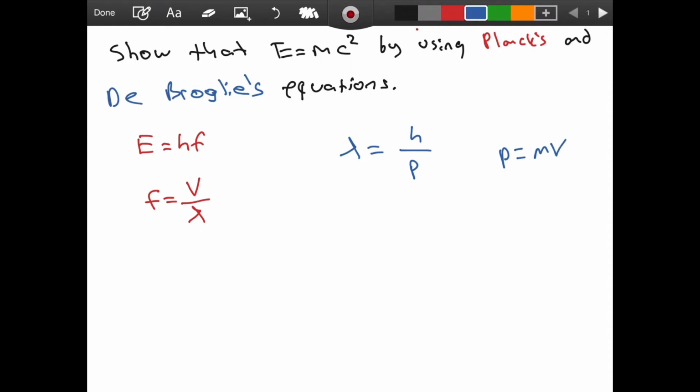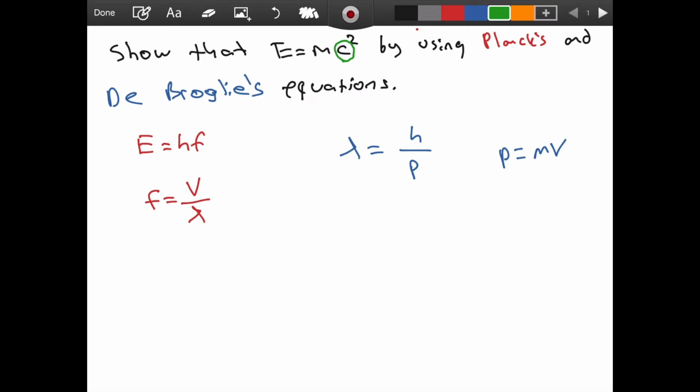Now, if we take a look at Einstein's equation E is equal to mc squared, we see that we have c here. Nice. So, what is c? Well, c is the speed of light. So, let's just say that we are dealing with light in our derivation.